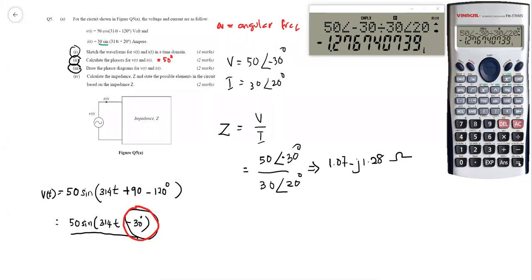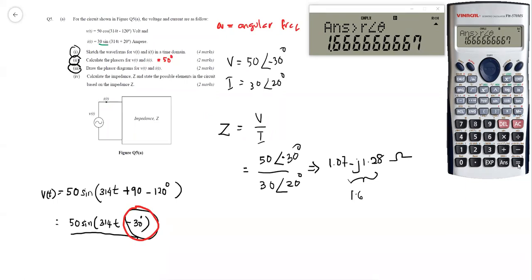Or you can directly convert into polar form by clicking shift and plus, then equal.